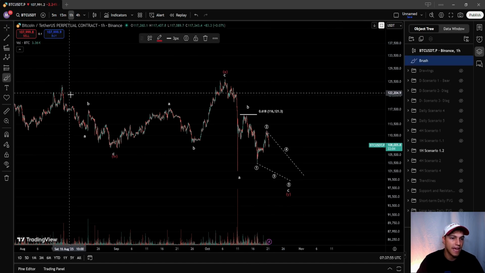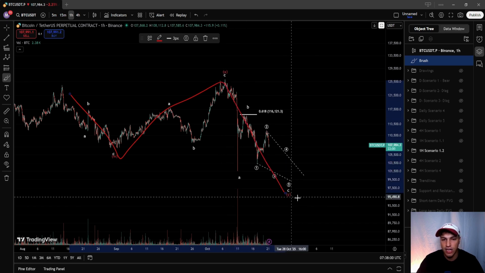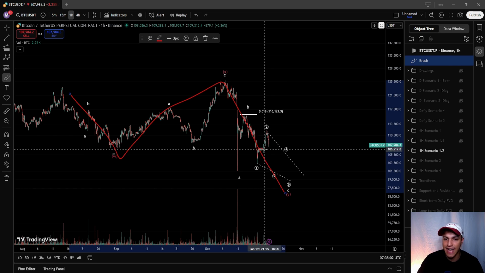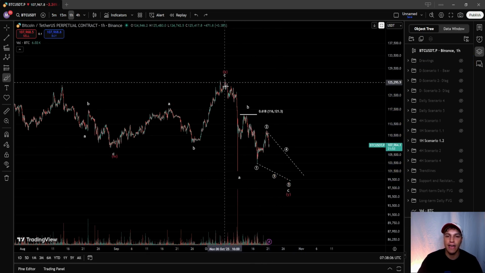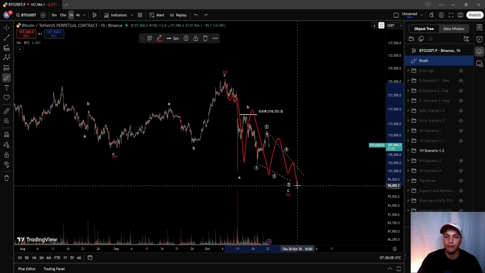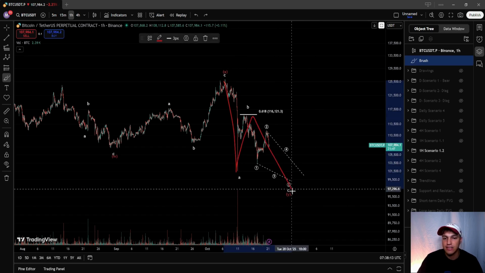Where we have a W, an X, and a wave Y to the downside, where this is then a B, and a wave C. Instead of a 1, 2, 3, 4, 5, we have an A, B, and a wave C.